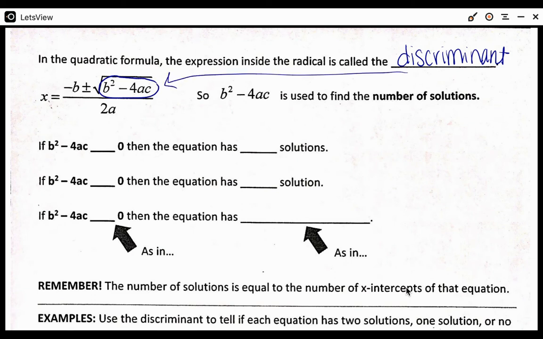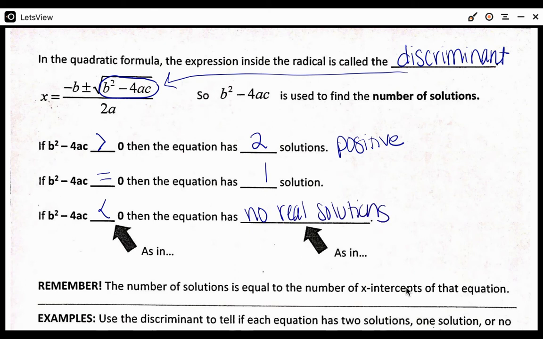If inside your radical is positive, greater than 0, then you have two solutions. If it's equal to 0, then you have one solution. And if it's less than 0, then it has no real solutions.